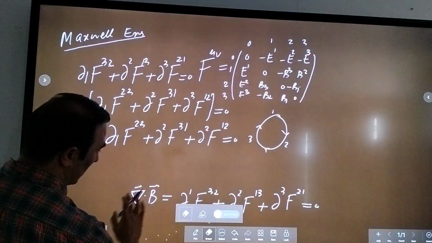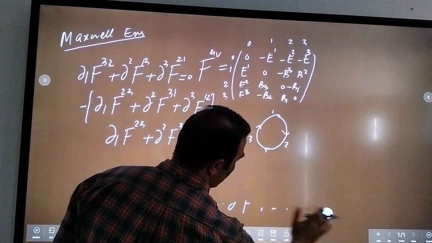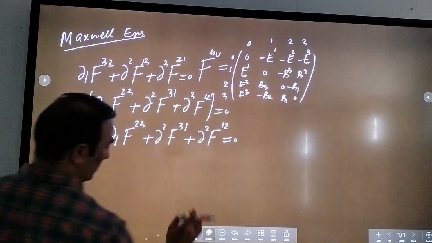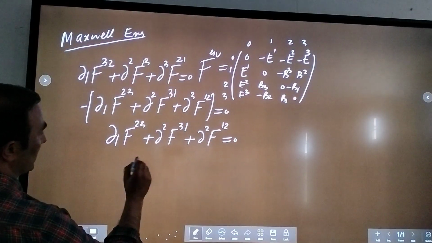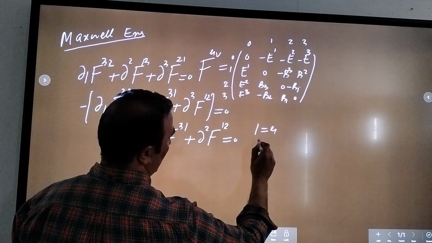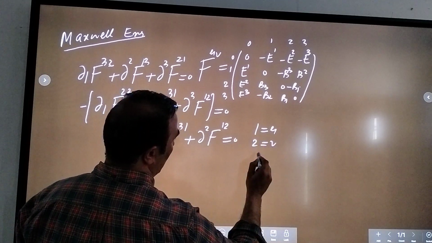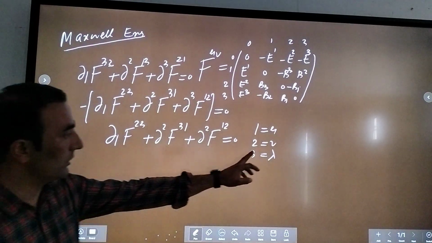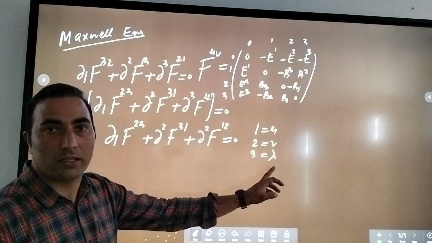Or you can do one thing now. For the rest of this term, what will I write instead of this? I can write the rest of this as 1 should be mu, and 2 should be nu, and 3 should be lambda. So instead of 1 I will write mu, instead of 2 nu and instead of 3 lambda, right?